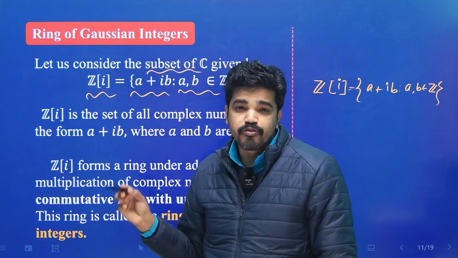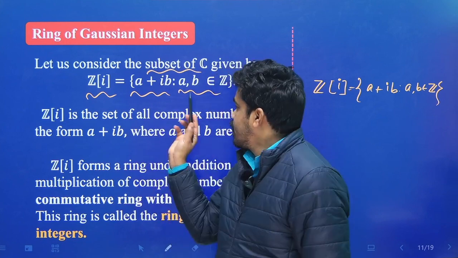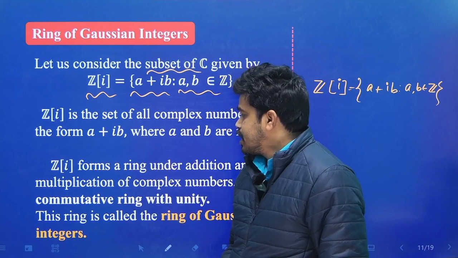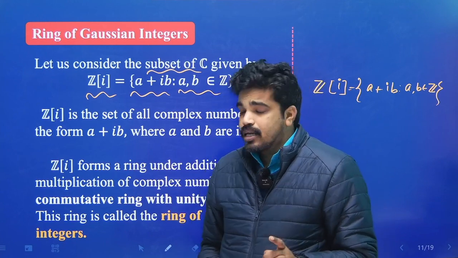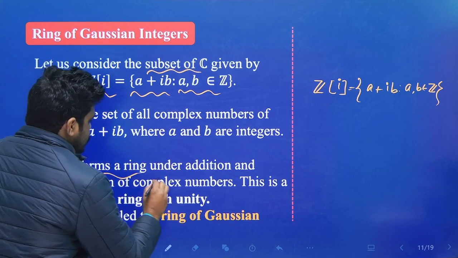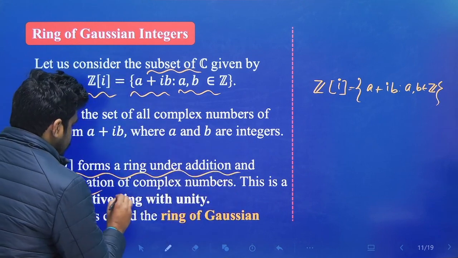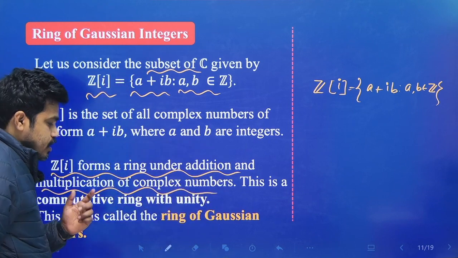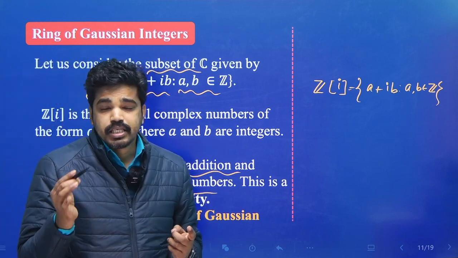A plus IB form. Zi forms a ring with respect to addition and multiplication of complex numbers.